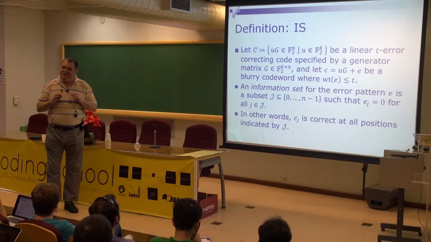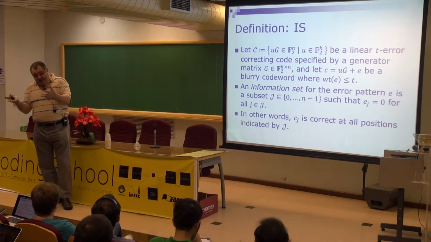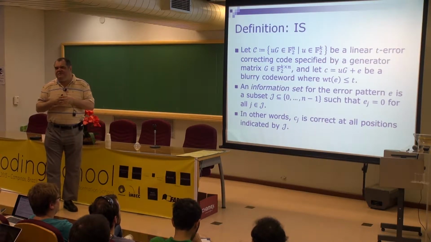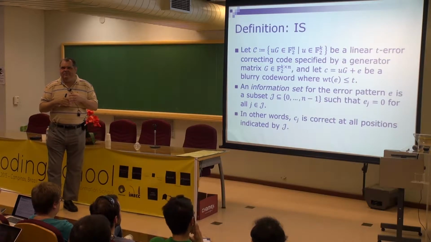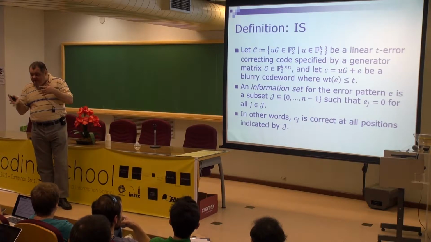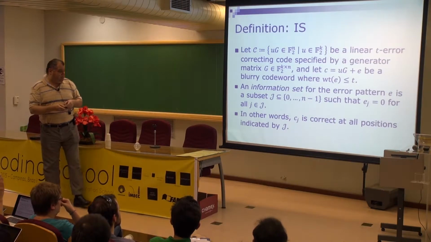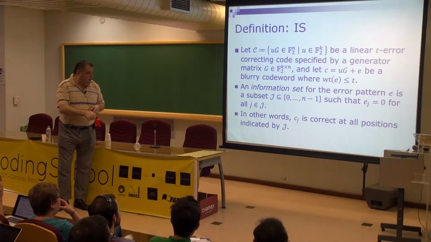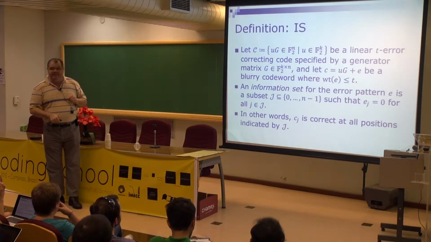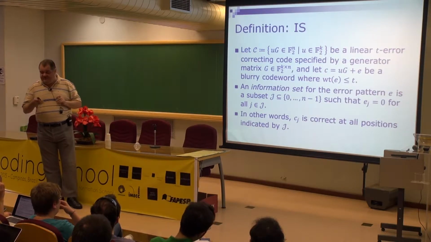But we'll try to find one. We'll guess an information set and check if it's really an information set. This guess will be implemented in several possible ways, and how we do that will define what kind of attack we have. So this is important. We know that the blurred code word c is correct in all positions specified by this information set J.